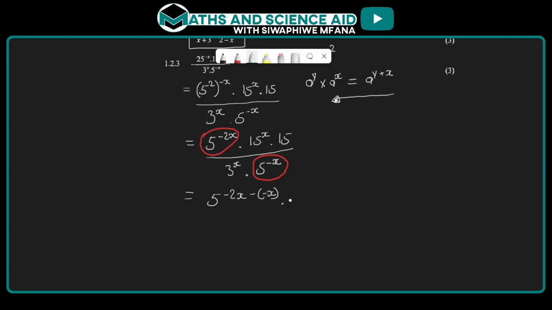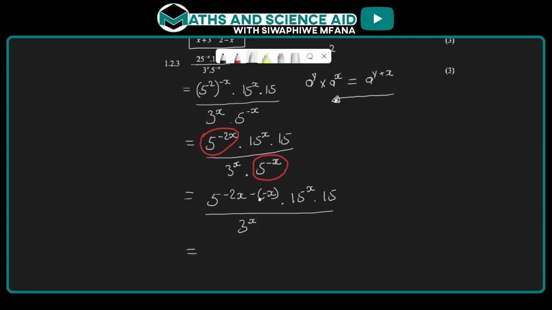And then we are still multiplying this by 15 to the power of x and 15. And then we need to divide this by 3 to the power of x. Remember that we have divided 5 to the power of negative x by 5 to the power of negative 2x.